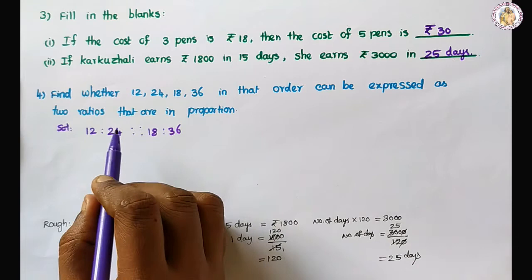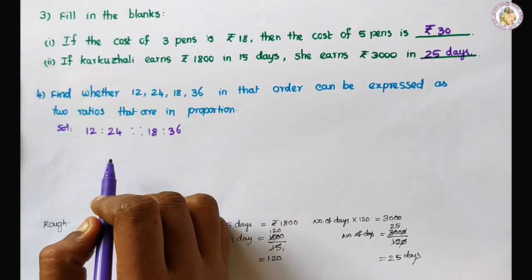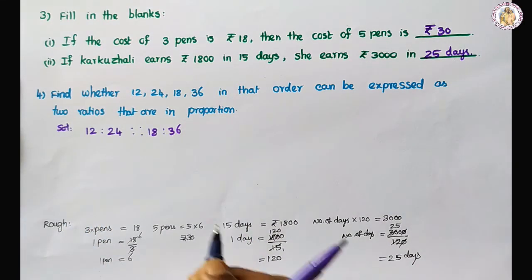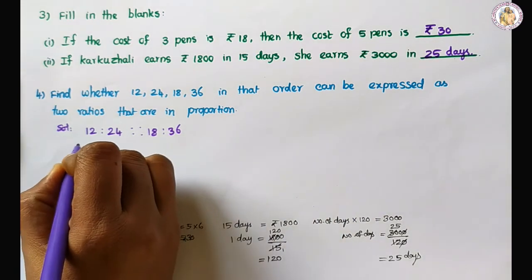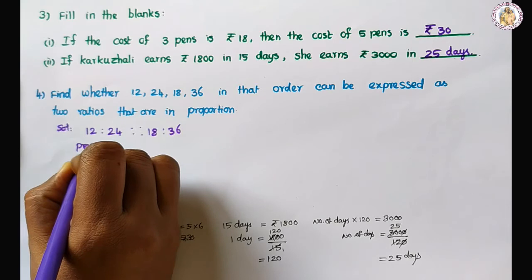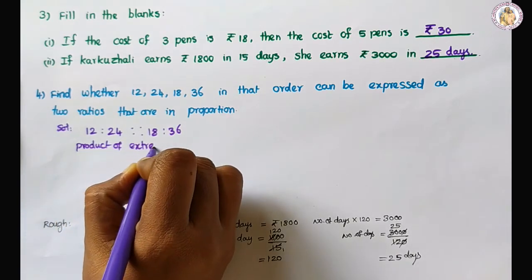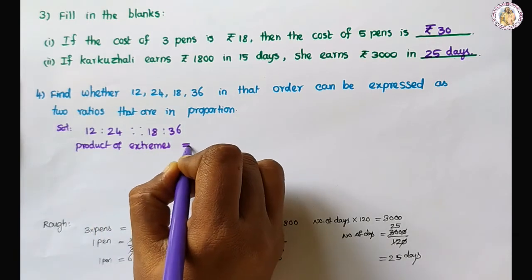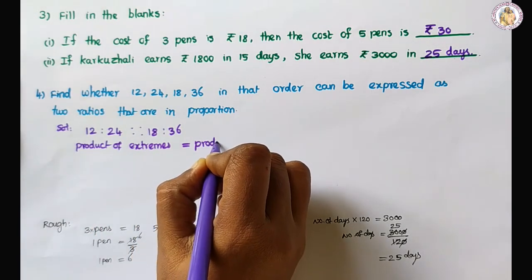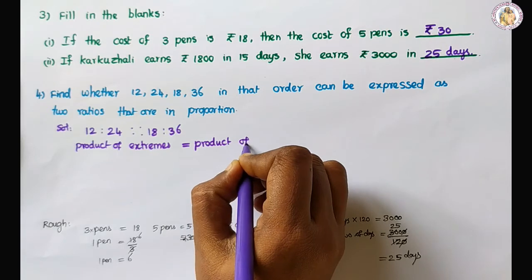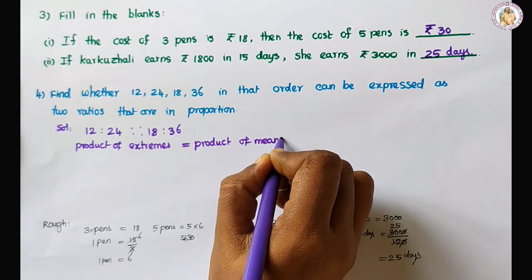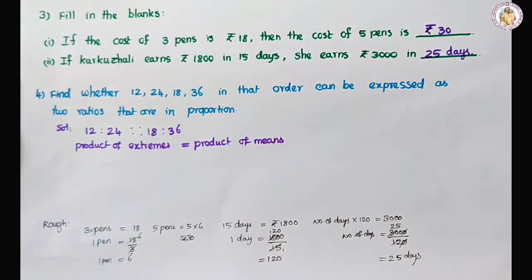Check whether they are in proportion or not. That is the question. What is the rule? That is product of extremes equal to product of means. These are equal means, that is in proportion.